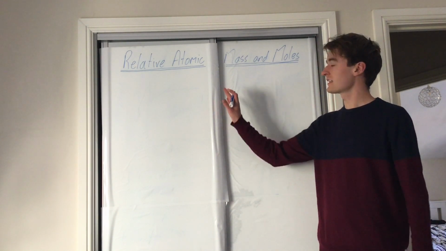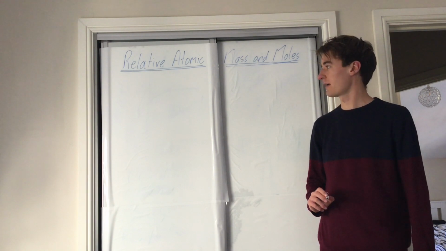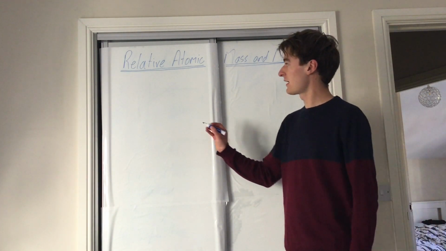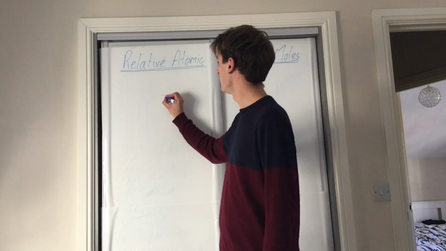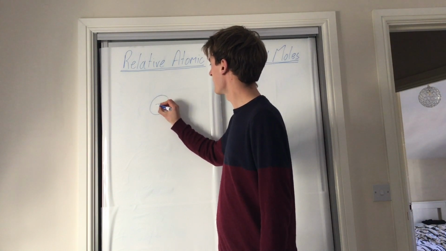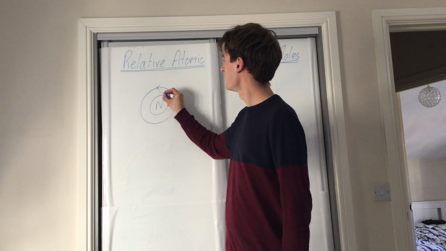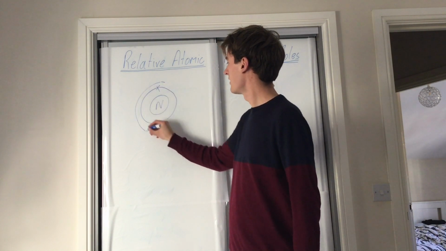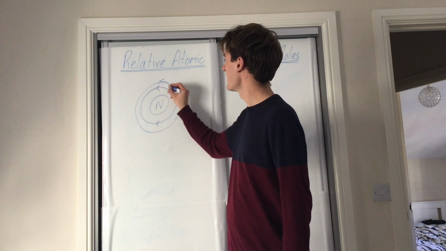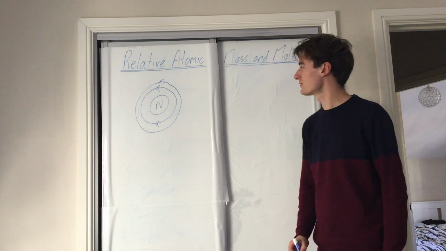So the first thing to deal with is relative atomic mass. Now if we think about our structure of an atom, we have the nucleus surrounded by shells of electrons, and in this case I've drawn lithium, so 3 electron species.